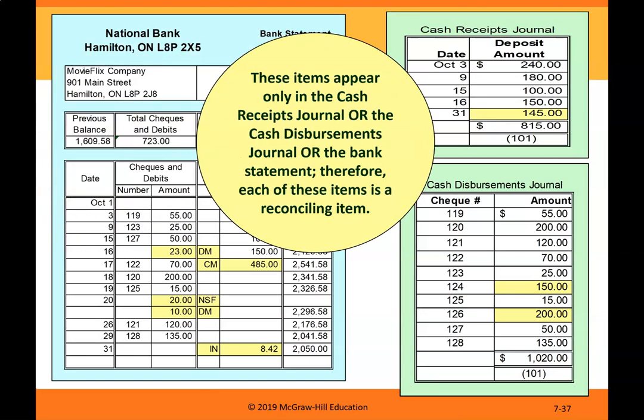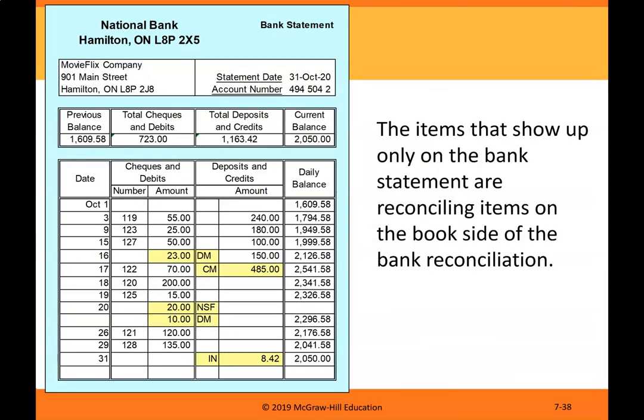These items appear only in the cash receipts journal, or the cash disbursements journal, or the bank statement. Therefore, each of these items is a reconciling item. The items that show up only on the bank statement are reconciling items on the book side of the bank reconciliation.